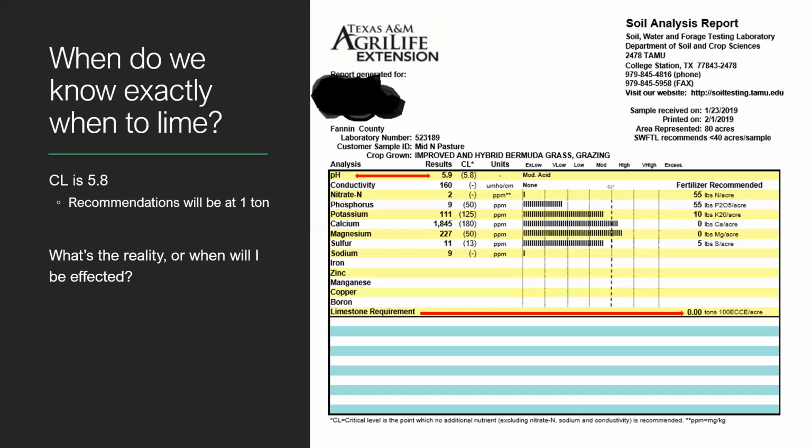If you have a pH that is anything below a 5.8, within a certain range, and from what I've seen it's usually down to about a 5.2 or 5.3, anything from a 5.2 or 5.3 up to about a 5.8 is going to recommend 1 ton of limestone. You see that there on the left-hand side that says, what's the reality, or when will it be effective?